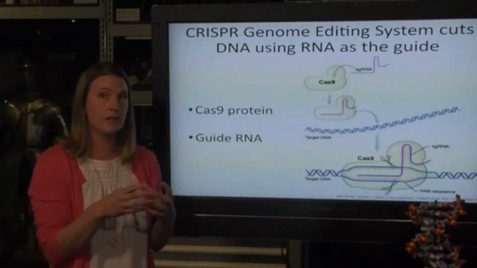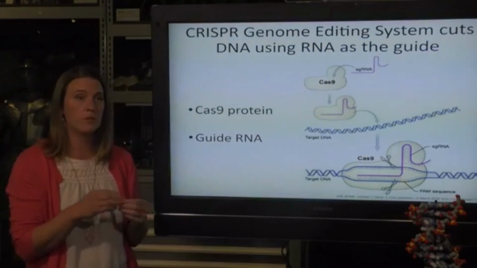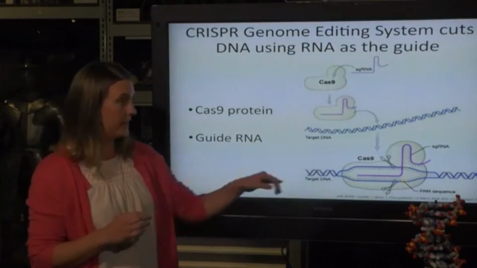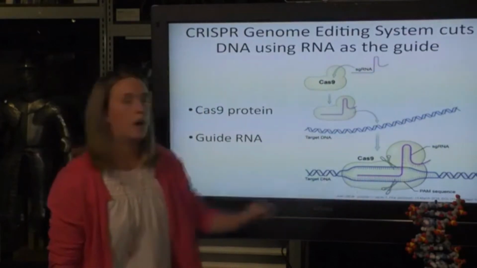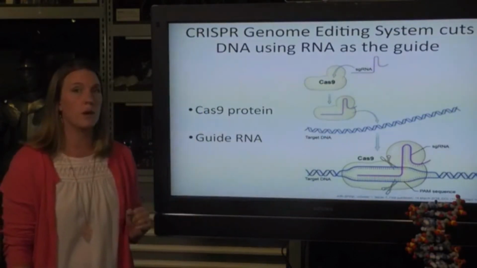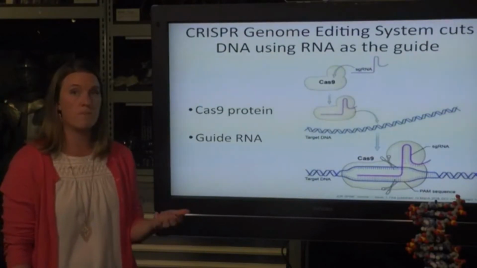They will form a complex, and they will find that place in the genome. It's guided, right, by that guide RNA. It's going to form that complex, and then when it forms that complex, the Cas9 protein will cut at that place in the genome.